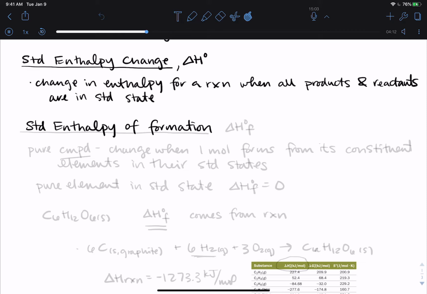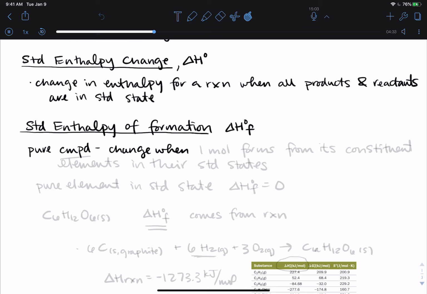So it's a delta H with a circle because it's a standard, and a subscript f because it is for formation.